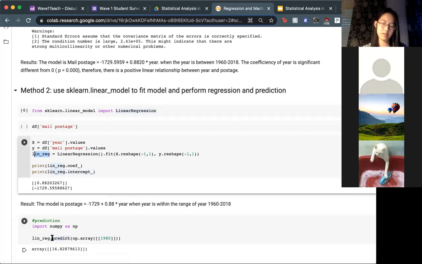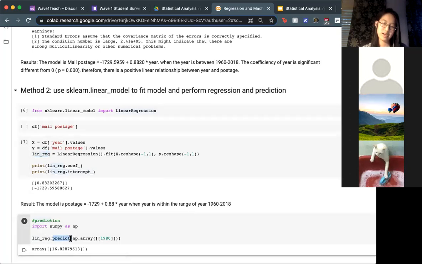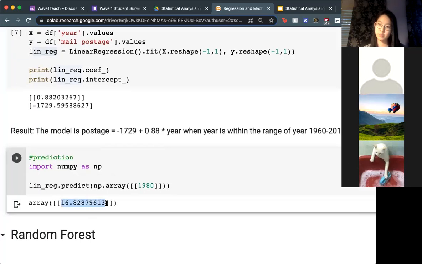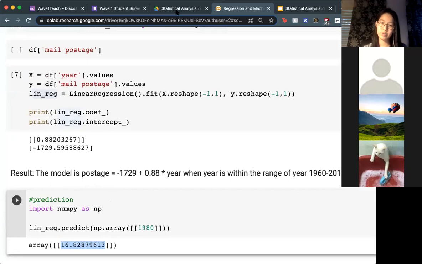Let's plug in 1980 for the year. That year is within this range, so we're in the clear. We're not extrapolating. If we print that out, we get the predicted mail postage based on the trend line we were just using. Pretty valuable stuff.